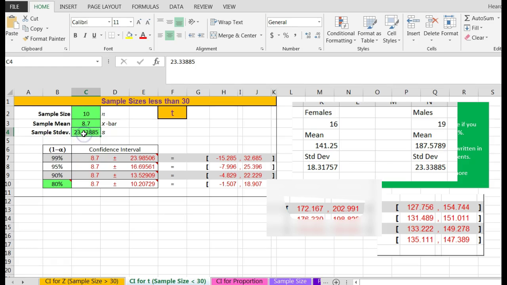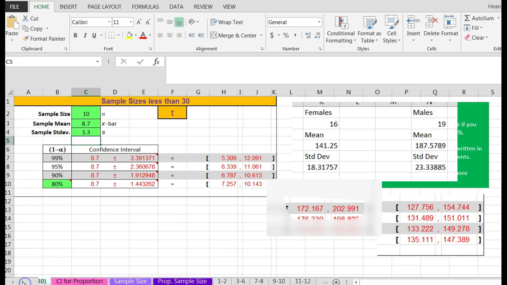My sample standard deviation was 3.3. And they want the 95% confidence interval. And they rounded it to 2 decimal places, so it looks like, look to the right of 95%, looks like it'll be 6.34 to 11.06. Let's see if we nailed this one.